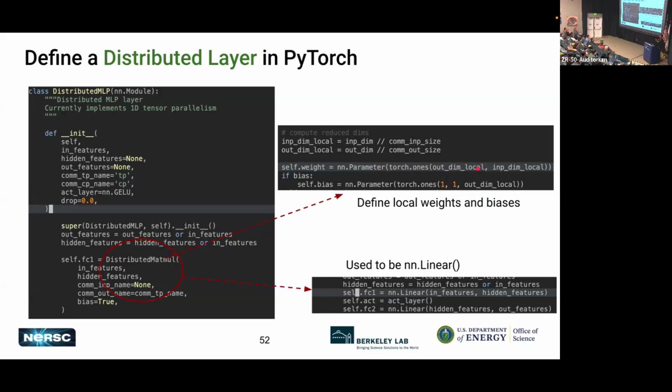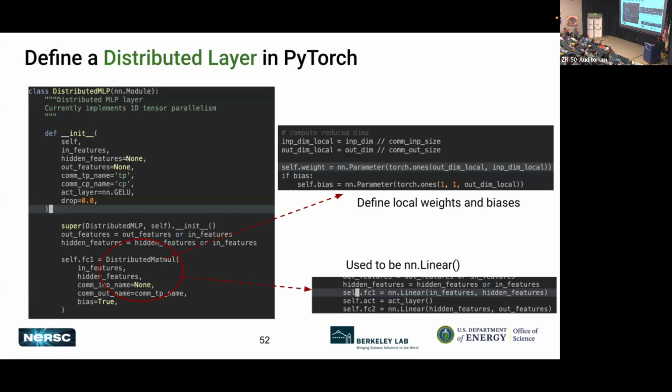So initially, if I had an E cross F matrix, then every GPU will now define this matrix to be E cross F divided by the number of tensor parallel GPUs. That's what this dimension underscore local means. And depending on which layer you are, it's either E cross F by 4 or F by 4 cross E. And all you have to do is tell PyTorch that this is the local size of your weight matrix.